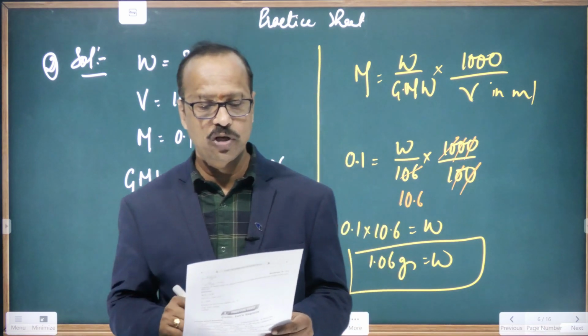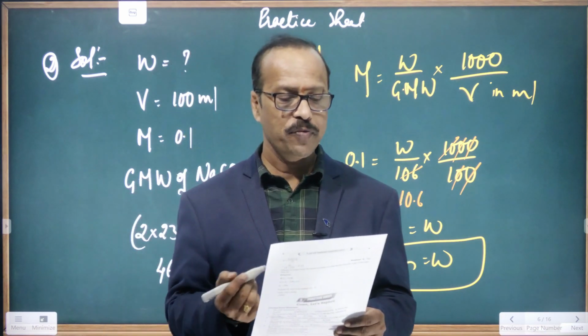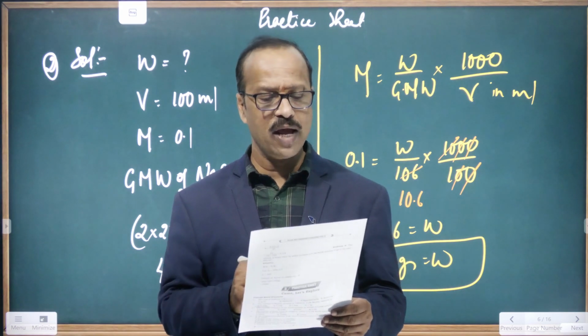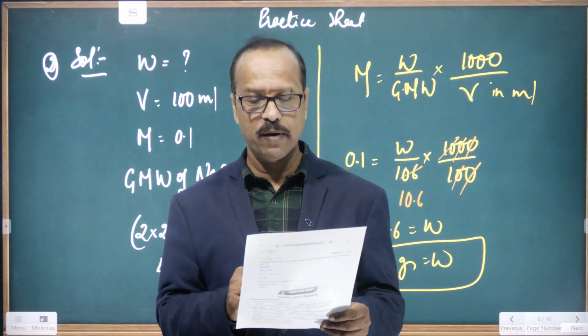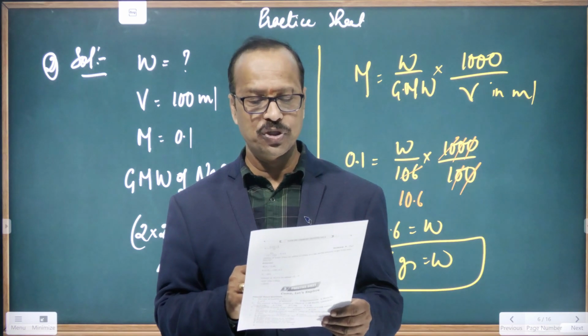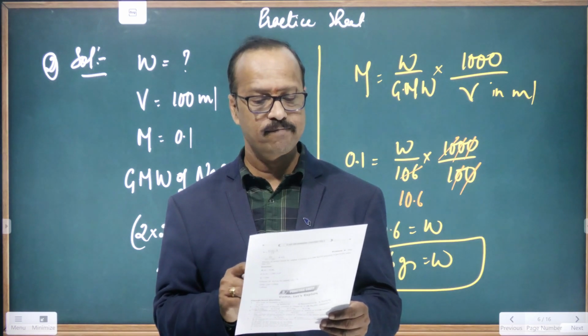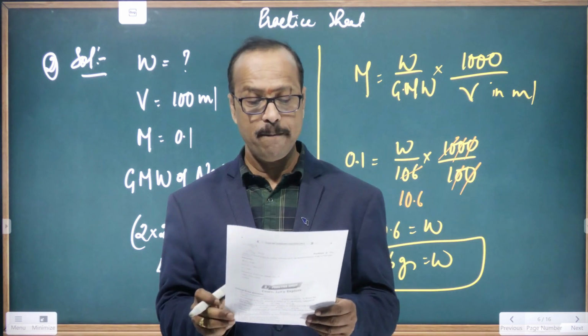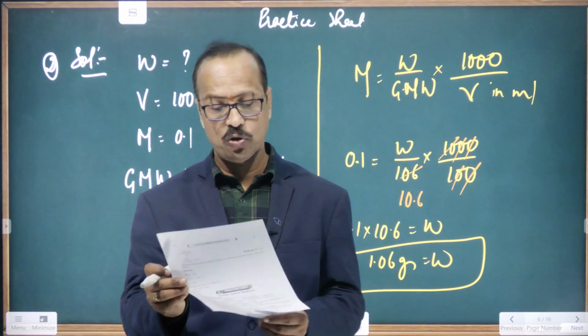The fourth option is also a simple problem, do it. The seventh and eighth are just formulas: molarity is equal to number of moles of solute by volume of solution in liters. No option is correct there, all is given in solute only, so that question is wrong.